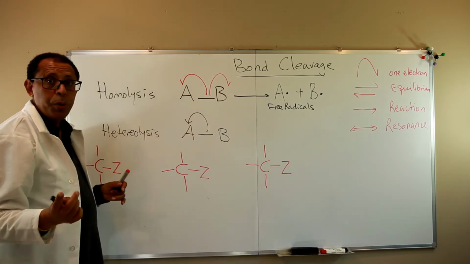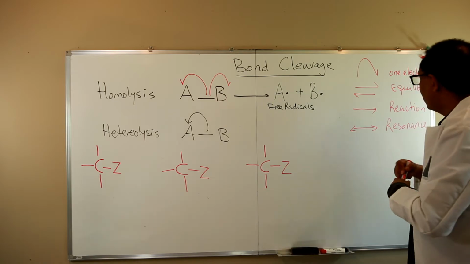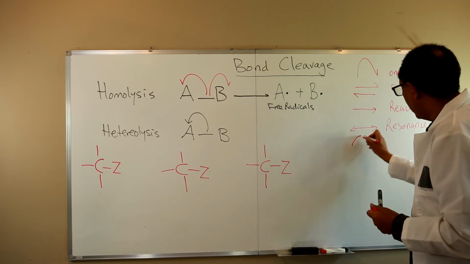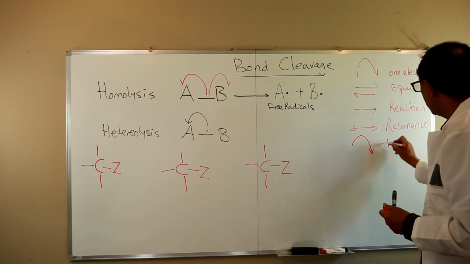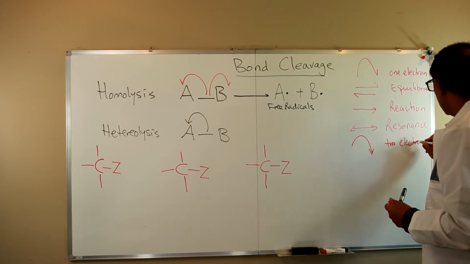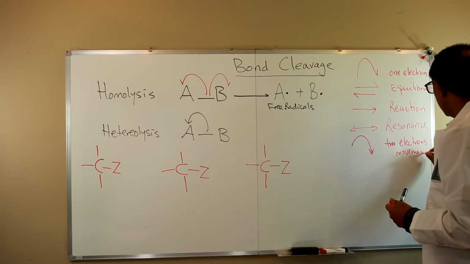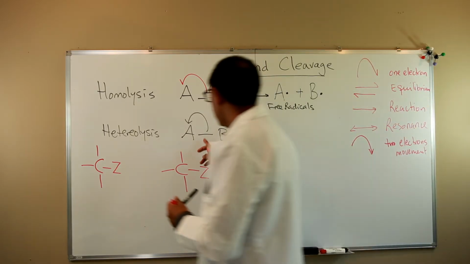This is two electron movements. So if you have an arrow like this, it's a two electron movement, and the bond totally breaks.